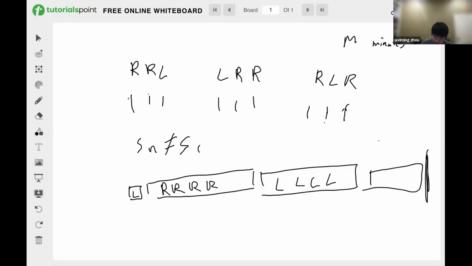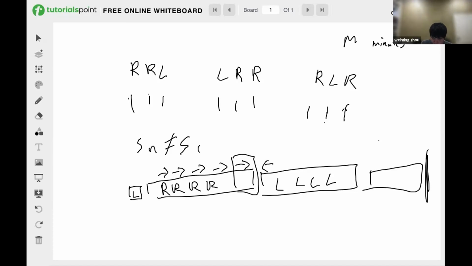And the other thing we can notice is that in a block, for instance, in this block of all R's, it looks like this, right? The cow at the very end of the block is the circled cow from the example earlier, that's going to have its milk amount conserved. And all the cows that are to the left of it will end up losing 1 unit of milk over the course of a minute.